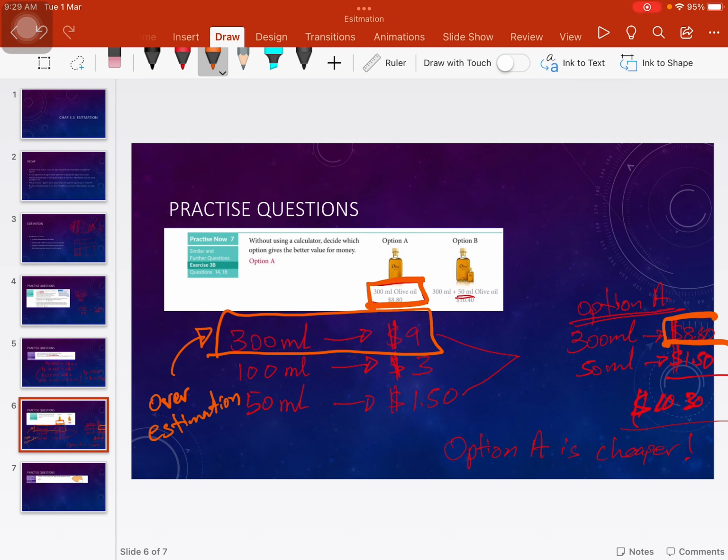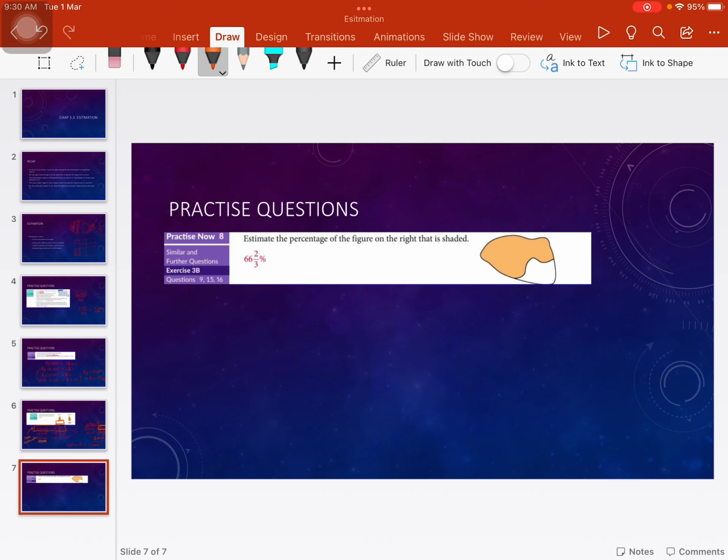Of course, in order to find the 50 ml, I use the estimation. So this is a very good learning point. And you have a similar thing coming out in your worksheet too, so please look through that too. Last one.